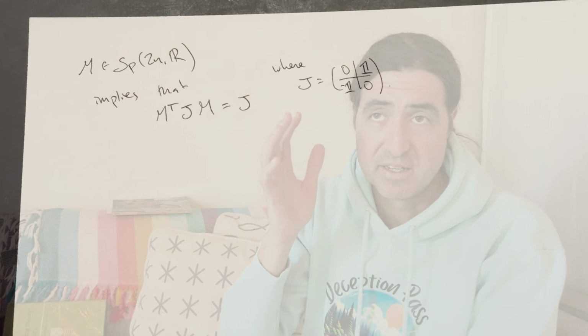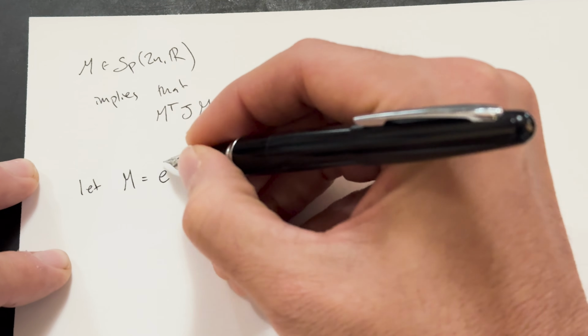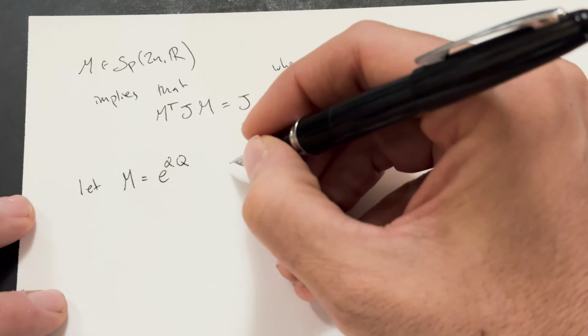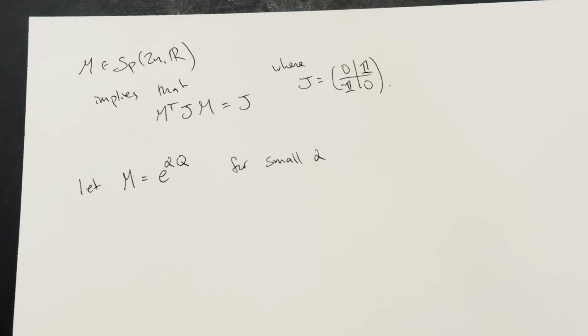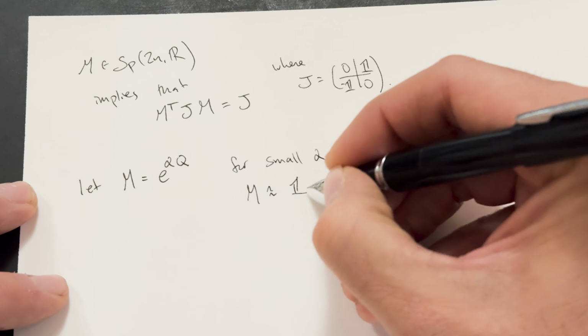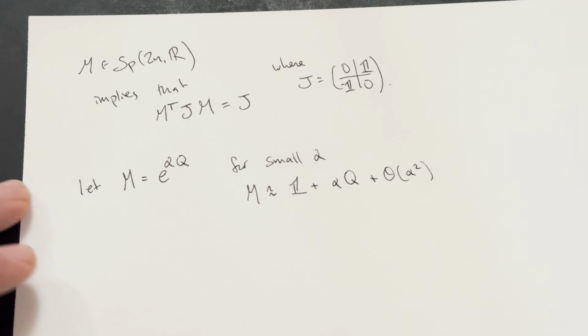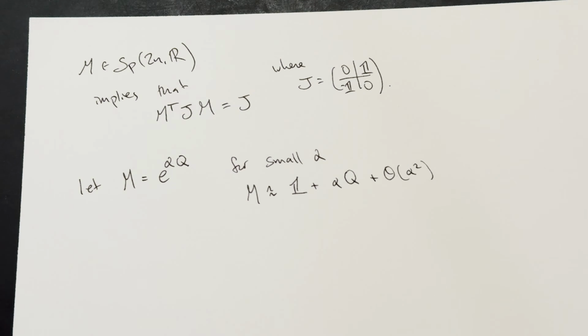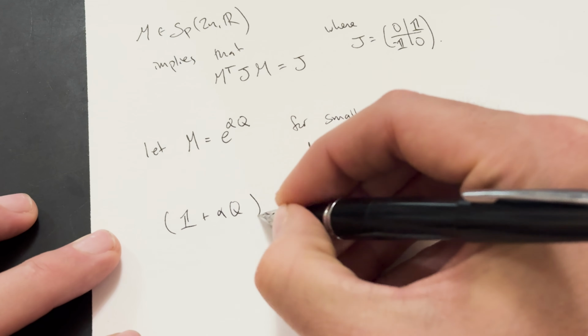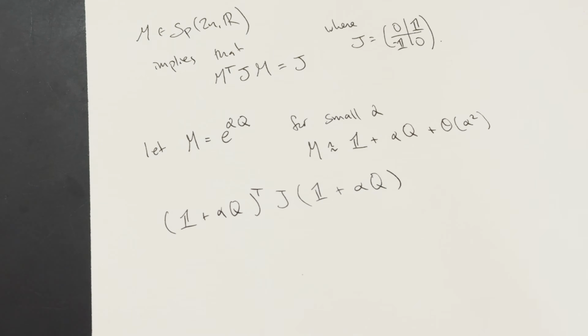Now we're going to take that infinitesimal matrix idea seriously, so let's expand out M as something like M equals e to the alpha Q, where alpha is an infinitesimal parameter, and so we can write it as M equals approximately the identity matrix plus alpha Q plus something of order alpha squared. Plug that into this relationship here.